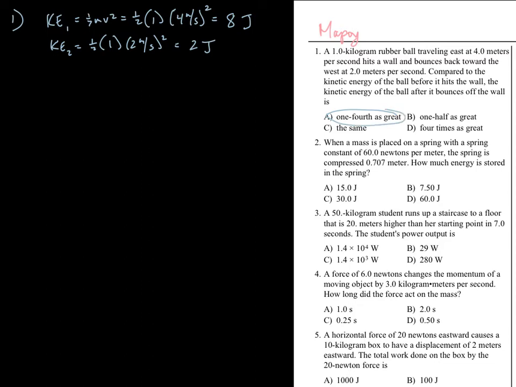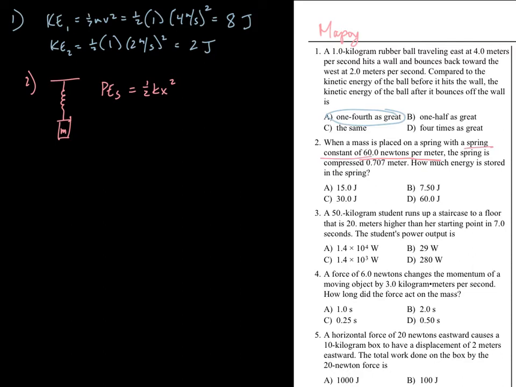Okay, number 2. When a mass is placed on a spring with a spring constant of that, alright, so let's... Here our mass, well, we're looking for energy, PES. So this equals 1/2 kx squared, looking at our problem.